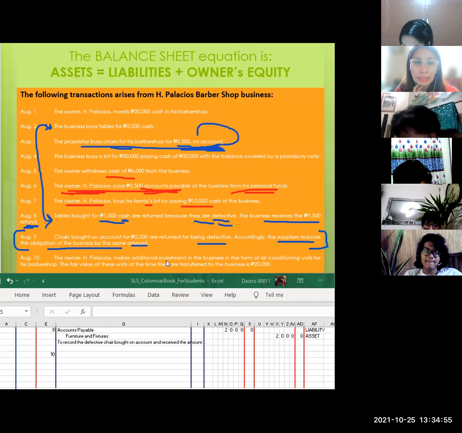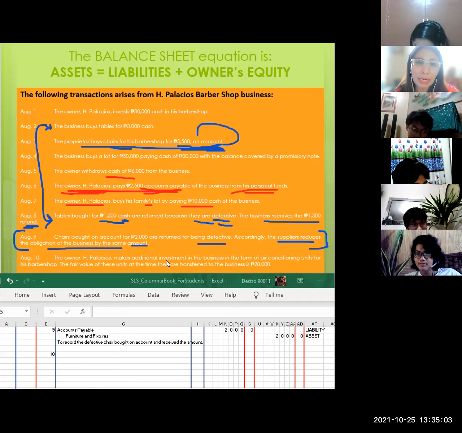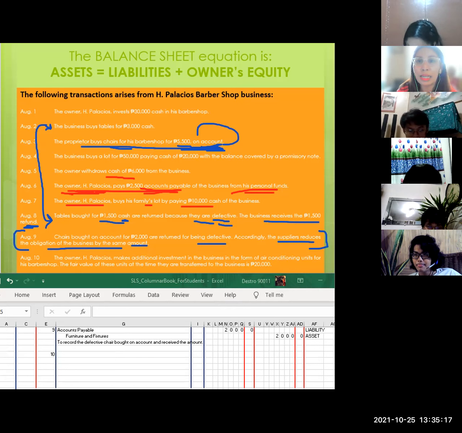Instead of investing cash, this time the owner invested an asset, the air conditioning units, and the fair value of these units at the time they are transferred to the business is 20,000 pesos.